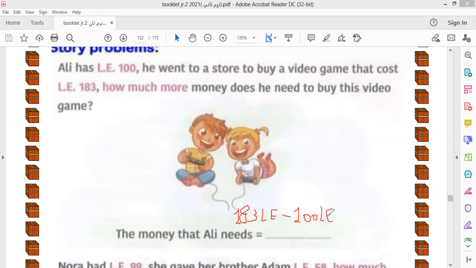When we subtract, we start with ones minus ones, tens minus tens, hundreds minus hundreds. Start with ones, 3 minus 0, 3, and 8 minus 0, 8, and 1 minus 1, 0. We have 83 LE.